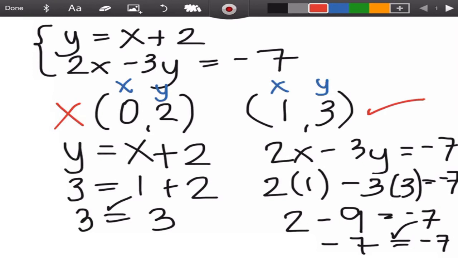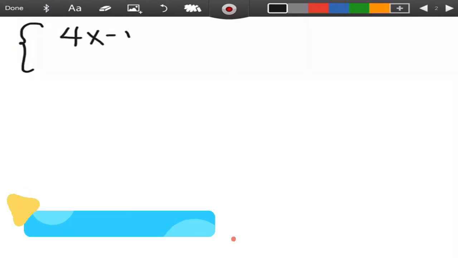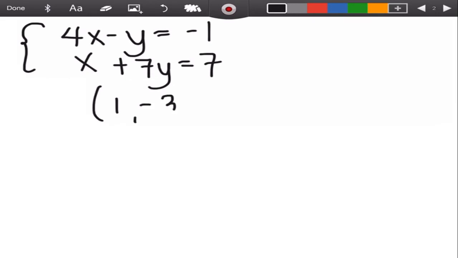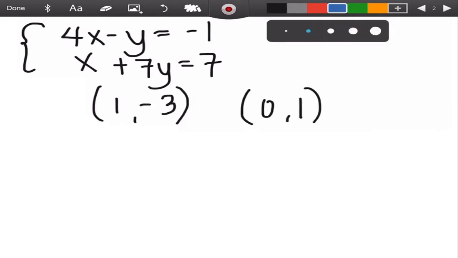Example number 2: 4x minus y equals negative 1 and x plus 7y equals 7. We have (1, negative 3) and (0, 1). So we need to find out which is part of the solution between these two coordinates. So we will have the first coordinate, x is 1, y is negative 3.